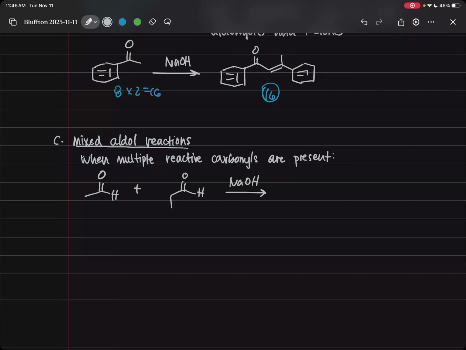What would the product of that reaction be? Well, turns out that there's four aldol addition products that you can get from that.